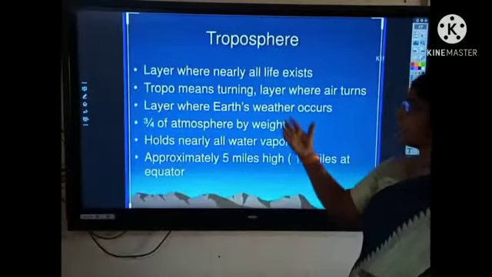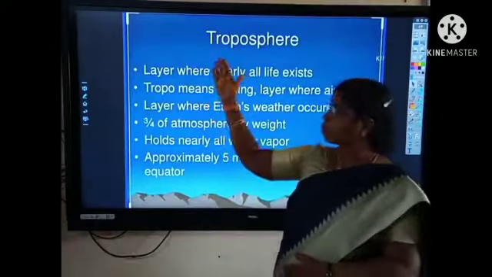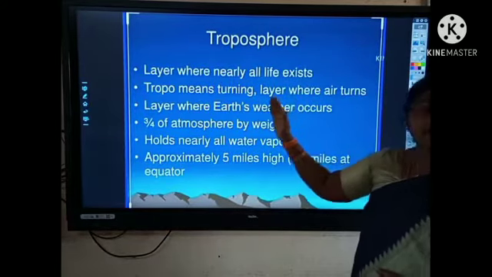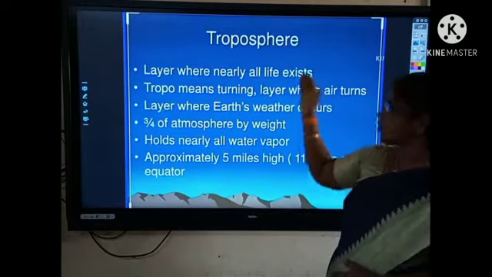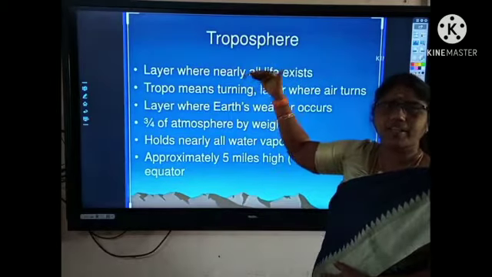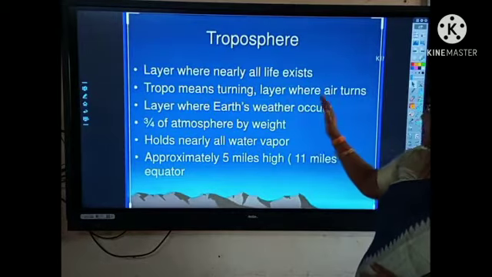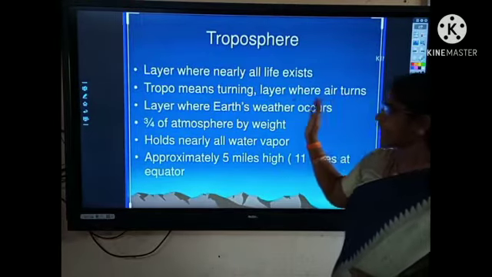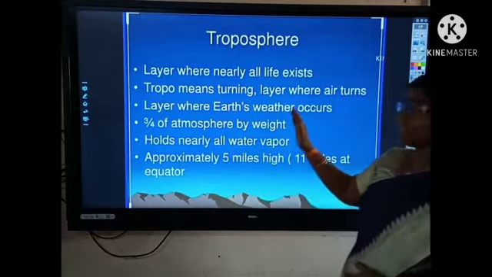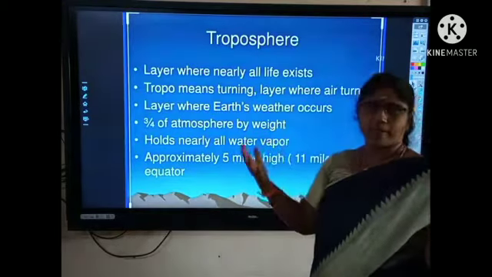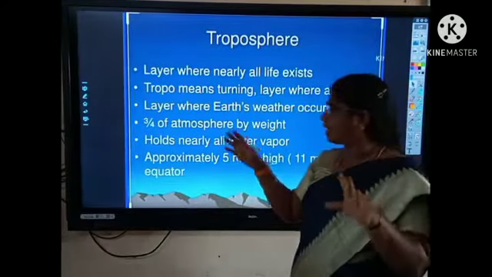Now we will see the first layer, troposphere. The layer where nearly all life exists. Tropo means turning, the layer where air turns. It is the layer where Earth's weather occurs. Here you can see the water vapor, and the clouds form in this layer.